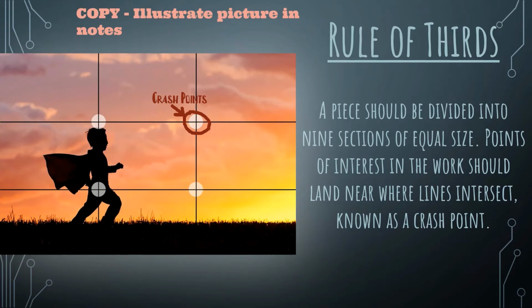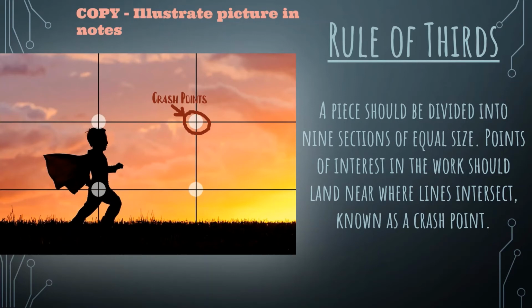Once you're done copying the notes, please draw yourself a box with 9 boxes in it. Circle where the boxes intersect, and on one of them write crash point. In this particular picture, you can see the little boy is in the bottom left of the crash point. So it moves our eyes there first and then out to the rest of the picture.